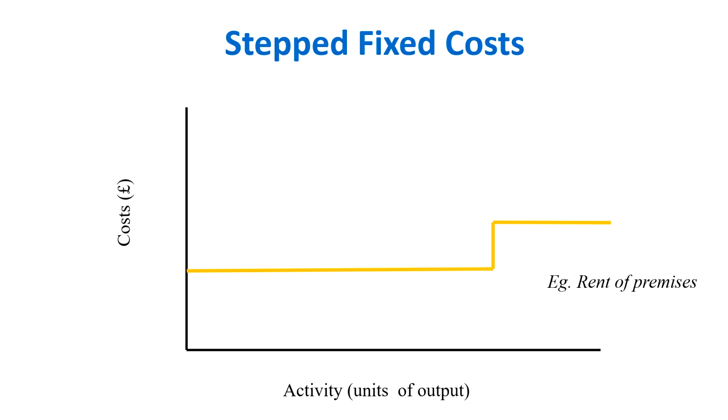So it might be that the admin staff employed can cope with a certain level of activity in the business, but when that increases significantly, those staff may be unable to cope with the work that brings, and it might be necessary to employ more staff. And again, the cost would step up in the manner we're looking at on screen there. So stepped fixed costs, and in practice we might find many fixed costs actually behave in this way.